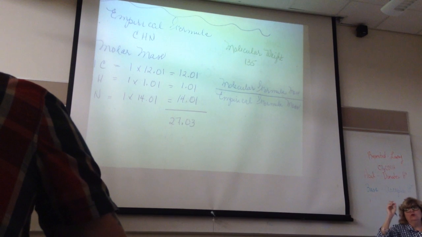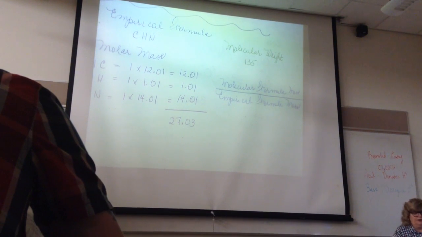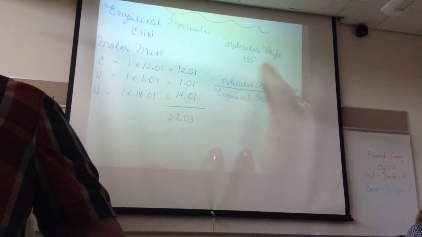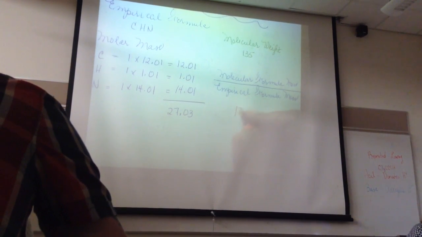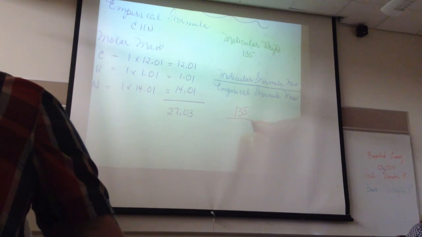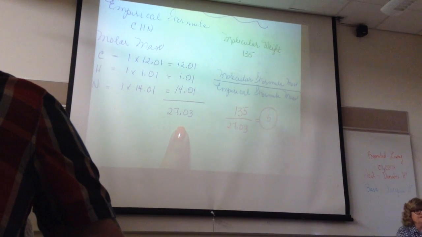And that number will help you come up with the molecular or the empirical formula. So my molecular weight, 135 given in the problem, divided by the 27.03 that I just calculated, gives me the number 5.